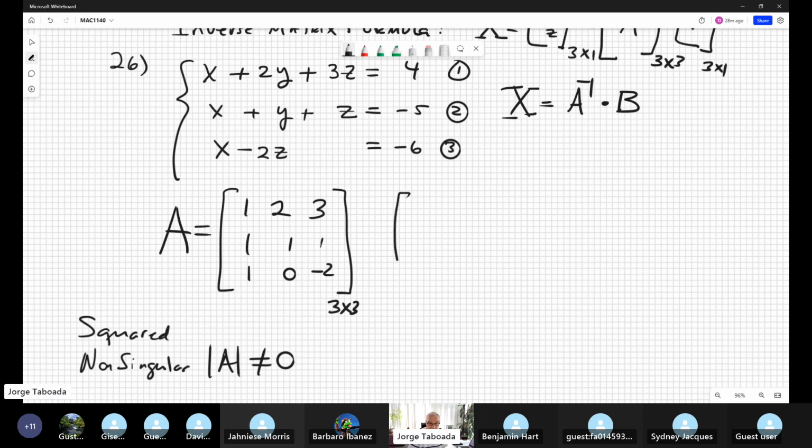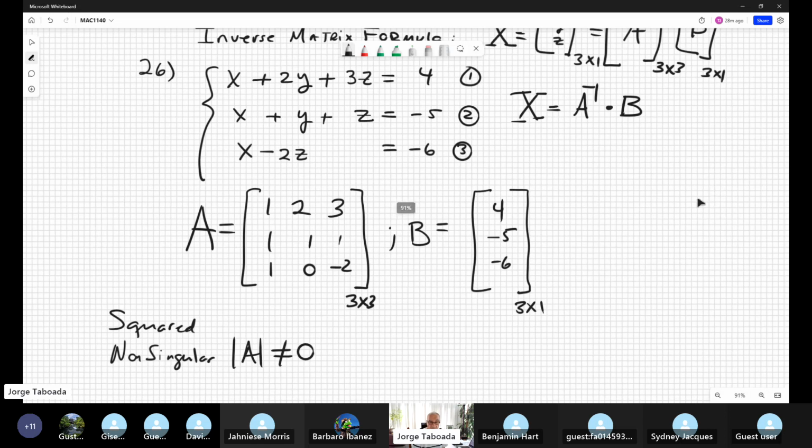And the matrix B is 4, negative 5, and negative 6. Okay, it is the matrix 3 by 1.